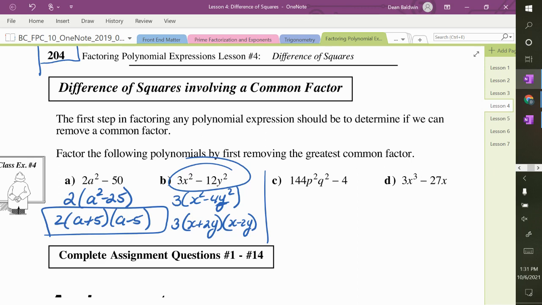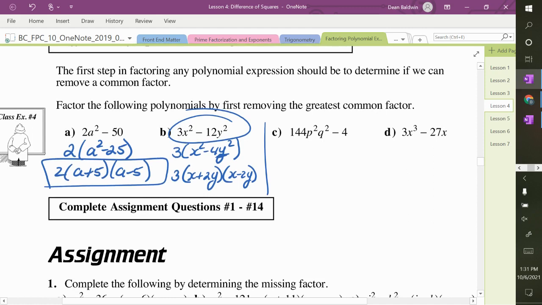You can. So if we just blindly go through and do it, what's the square root of 144? And then p q minus 2. Does that make sense? Okay. We're not done.